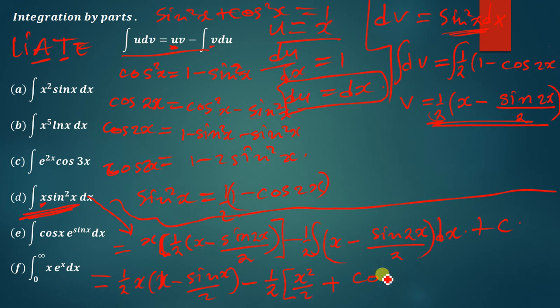Then this will become cos 2x. Then of course, since there's this 2 already, if we divide by another 2, we're going to have a 4 there. Then we say plus c. So this is the final answer. If you want, you can simplify it further by multiplying half times everything that is in the brackets there. Alright, so this is how simple these questions are. Let's quickly move on to the next one.